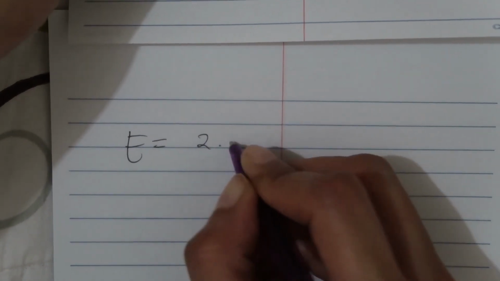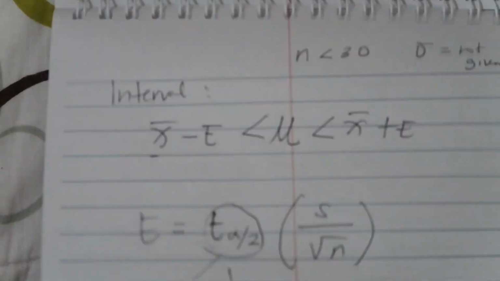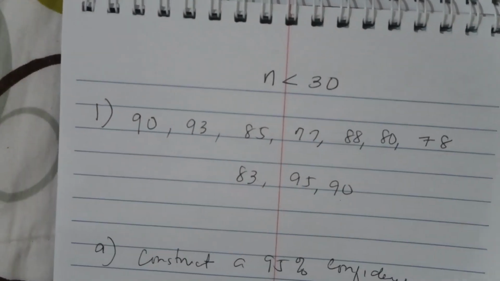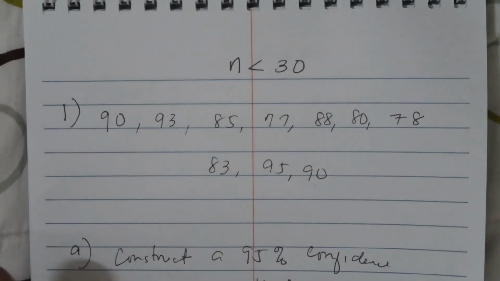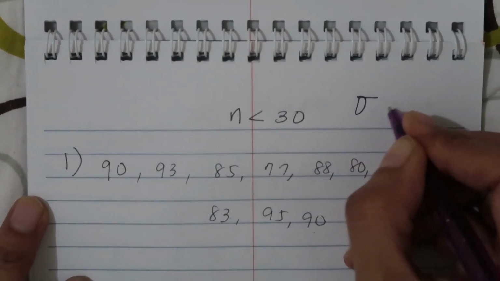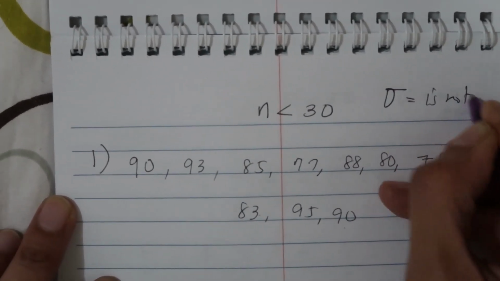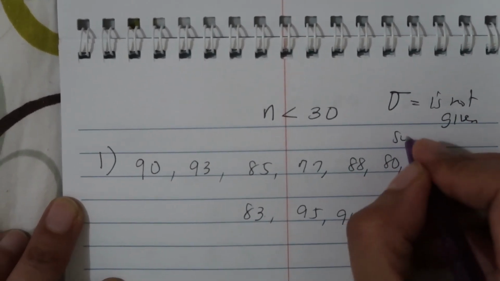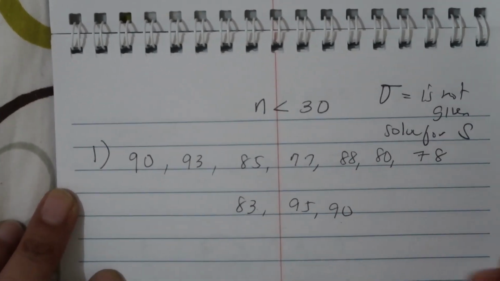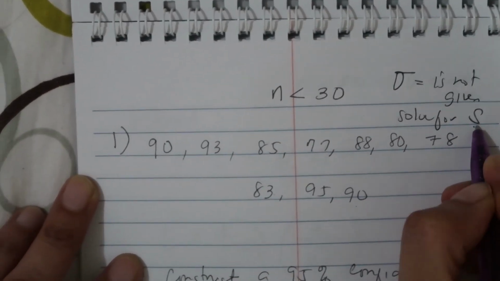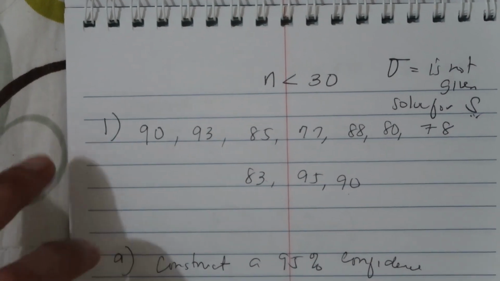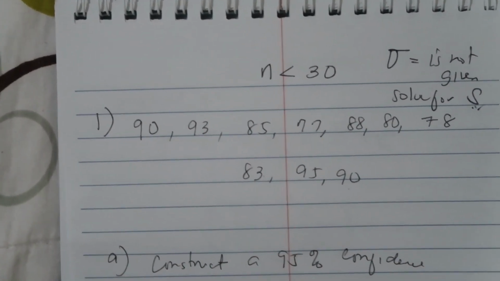Now you can solve for E. We have 2.262 multiplied by s, because sigma is not given, so we solve for s, the sample standard deviation.